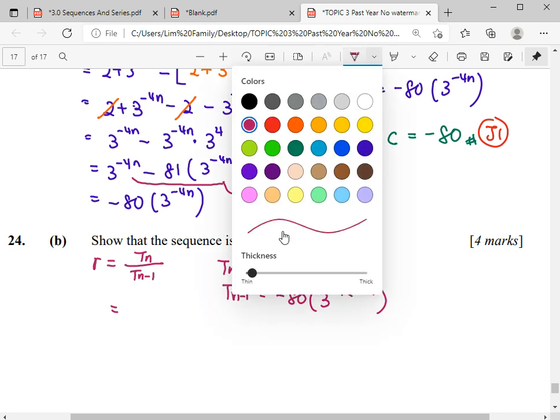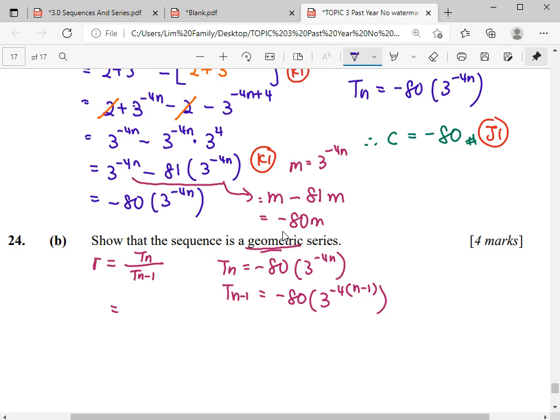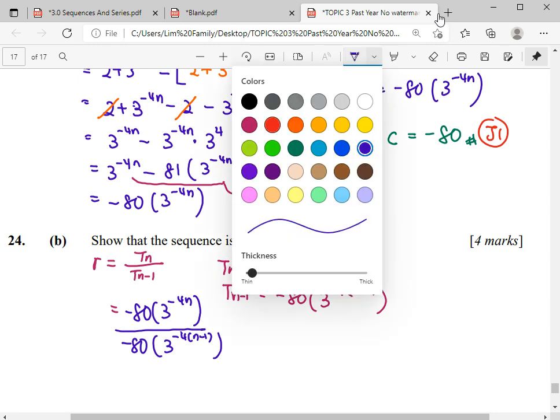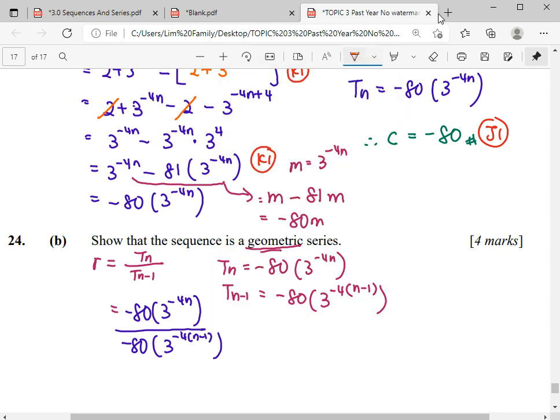Now we plug in our value, where Tn is negative 80, indices 3 to the power of negative 4n, divided by Tn minus 1. From here we can see clearly that we can simplify.